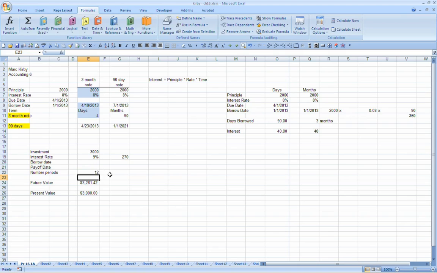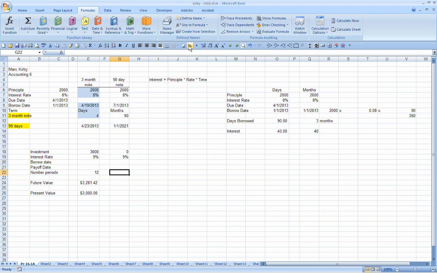Okay. Let's do a slightly different event. Let's do, I have 0 investment. Let's stick with that 9%. Okay. I'll format it as a percent.